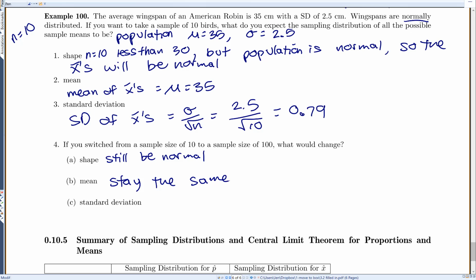But my standard deviation, without actually calculating, but you could calculate if you forgot. Remember, if this is n equals 10, then we switch to n equals 100, it would have to be even skinnier, right? So we know bigger sample sizes get skinnier, so my standard deviation has to get smaller.